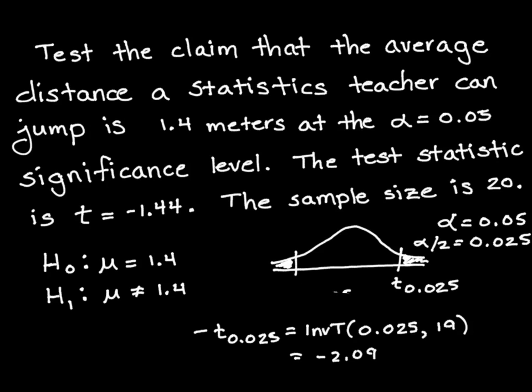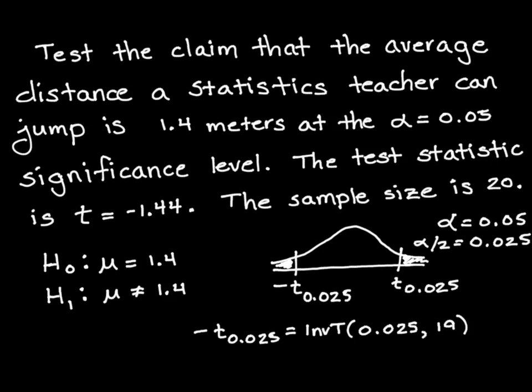Okay, let's see. So this is the t distribution. Alpha is 0.05, it's a two-tailed test, so we cut alpha in half, and we're calculating t sub 0.025 and negative t sub 0.025.